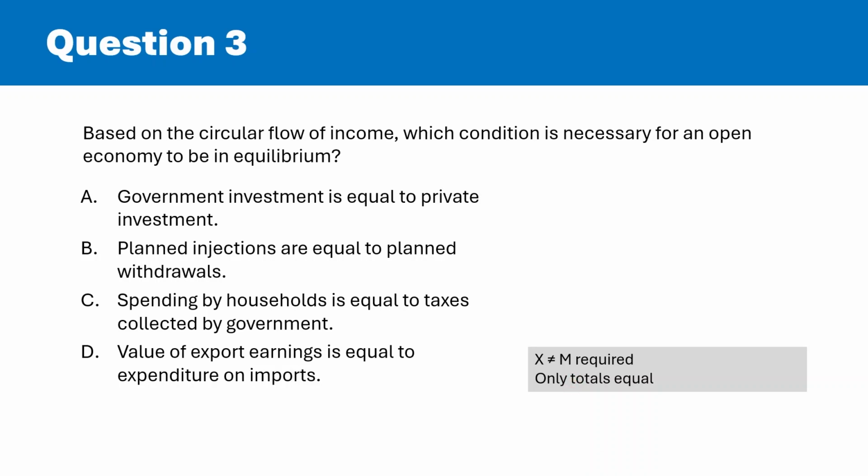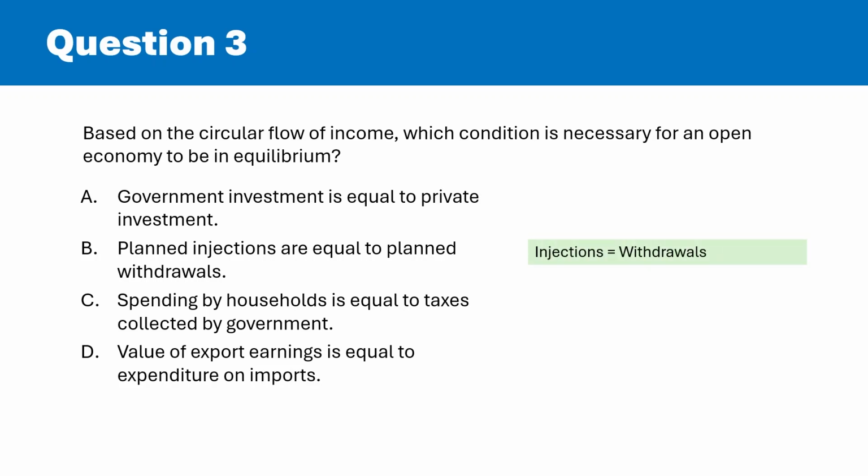So this option is also not correct. The only option left with us is option B, which says that planned injections are equal to planned withdrawals. This is exactly the definition. This is exactly the equilibrium condition. So this option is correct.